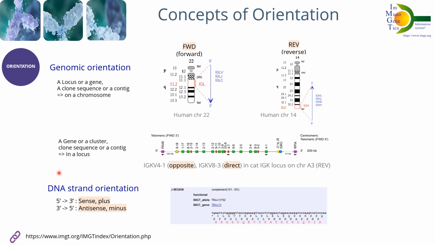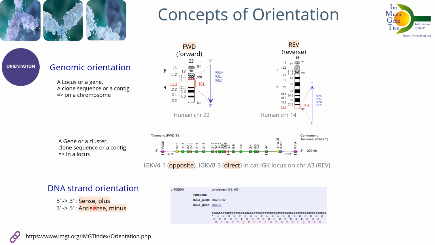Besides the genomic orientation, the DNA strand orientation concepts describe the orientation of genes, motifs, and labels in sequences. Sequences are by default orientated in the sense 5' to 3'.